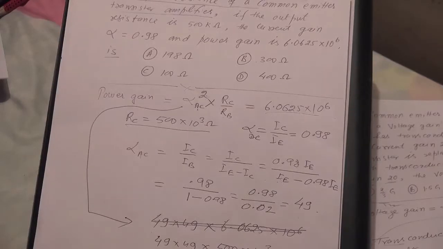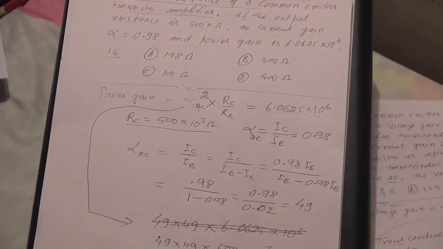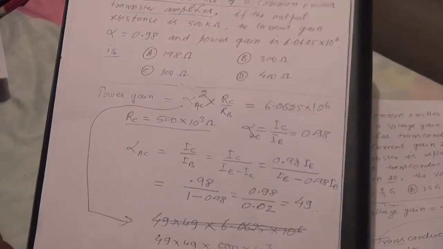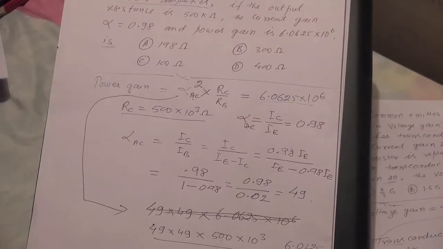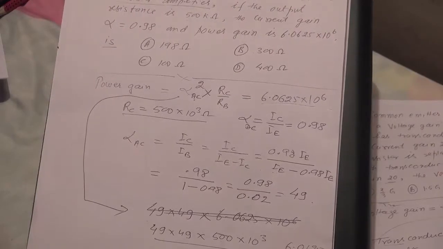Now, Ri we put here. So Ri is equal to, this will come here, 49 into 500 into 10 to the power 3 divided by 6.0625 into 10 to the power 6. Now this 10 to the power 6 with 10 to the power 3, 10 to the power 4, 10 to the power 5, these cancel, so how much is left here? 5 powers are cancelled, only 1 power is left here.